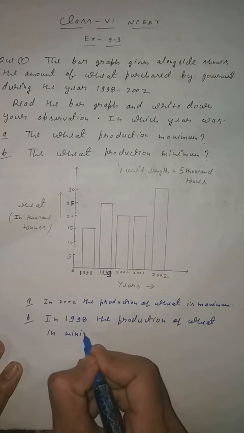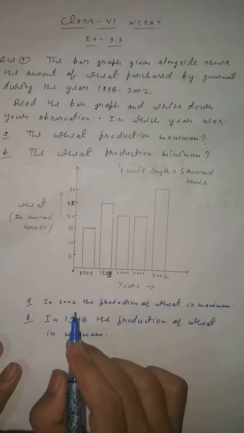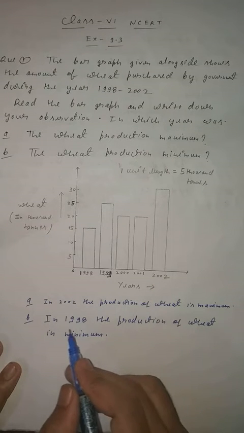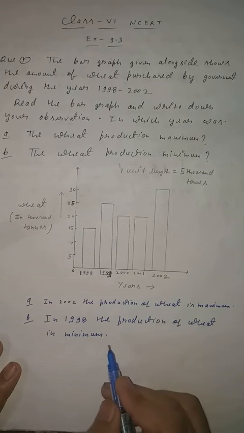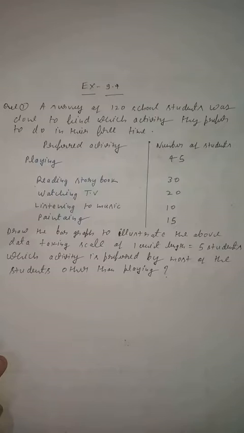Clear student? So the conclusion of this question is: in 2002 the production of wheat is maximum, you can see here, and in 1998 the production of wheat is minimum. Clear student? Now come to the next question.